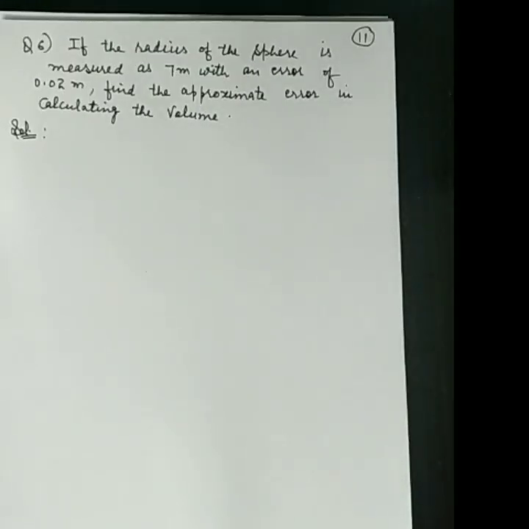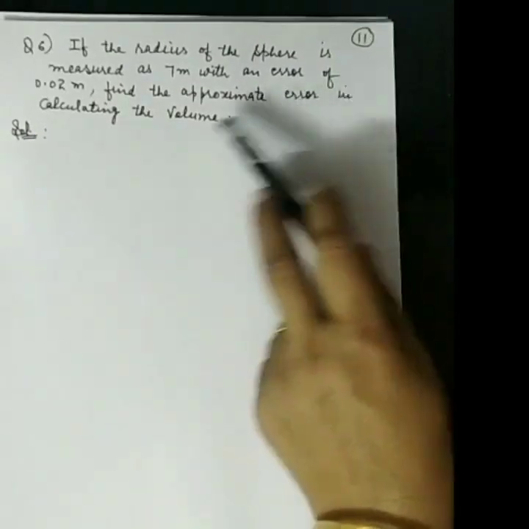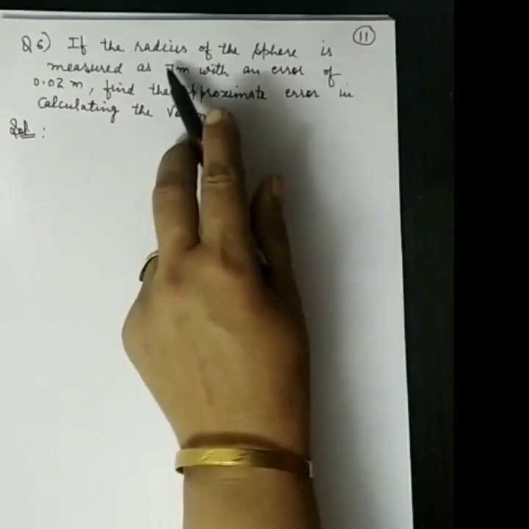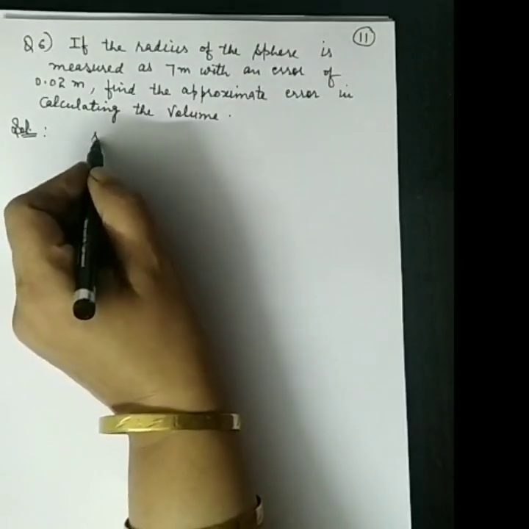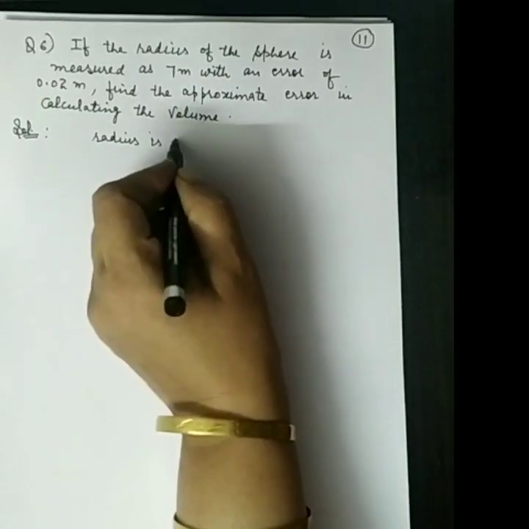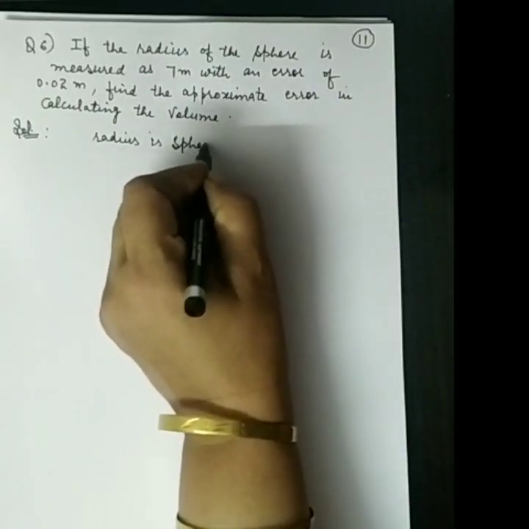Next, question 6. If the radius of the sphere is measured as 7 meter with an error of 0.02 meter, find the approximate error in calculating its volume. Now what is given? The radius of sphere is 7 meter.